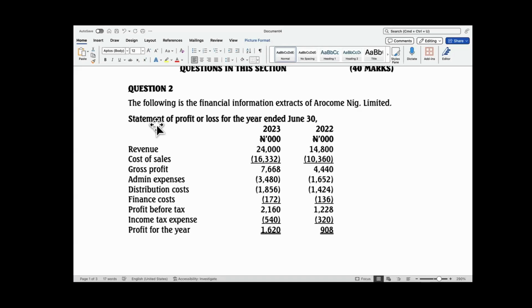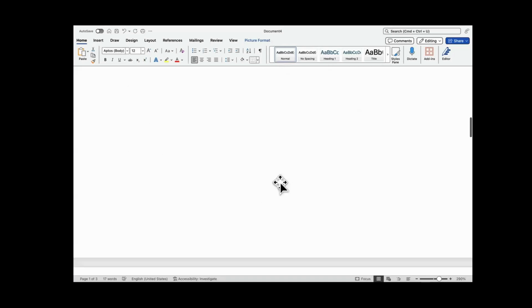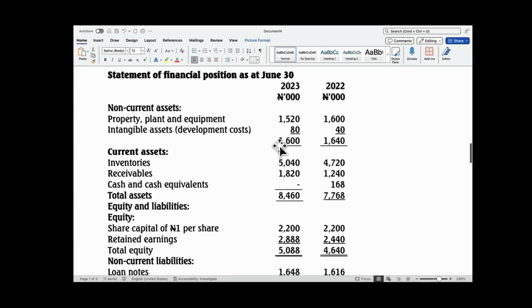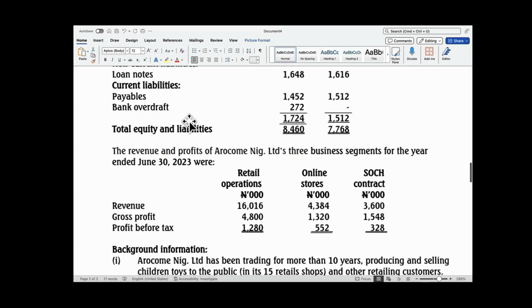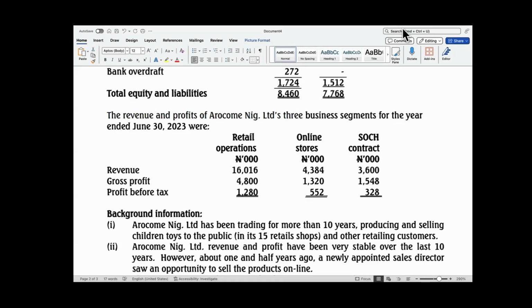We're given the P&L for 2 years. We're also given the statement of financial position for 2 years.